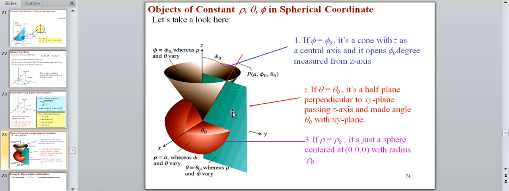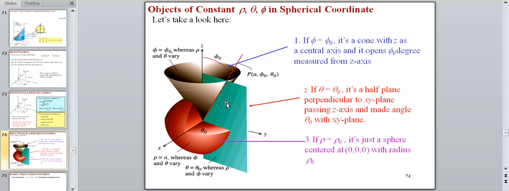A half plane which is passing through the z-axis. They said it makes an angle with the xy plane.